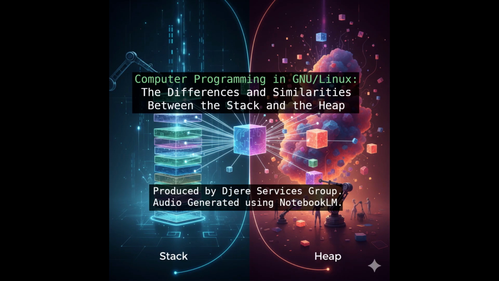And leaks aren't the only danger with manual heap management, are they? Oh, definitely not. The source material highlights other really nasty ones, like using memory after you've already freed it. That's called a use after free. Uh-oh. What happens then? Chaos, potentially. That memory might have been given to some other part of the program, so you end up corrupting data you didn't intend to touch. And the other big one mentioned is trying to free the same memory twice. Double free.